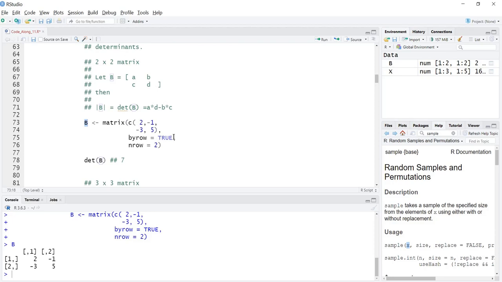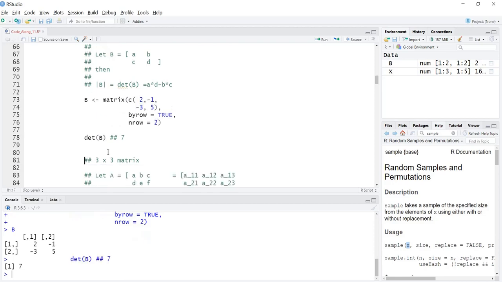Otherwise we would get something completely different. So the determinant of B should be 2 times 5, which is 10, minus -1 times -3. -1 times -3 is positive 3. So 10 minus 3 is 7, and that is what we get. Be very careful with the negative signs.